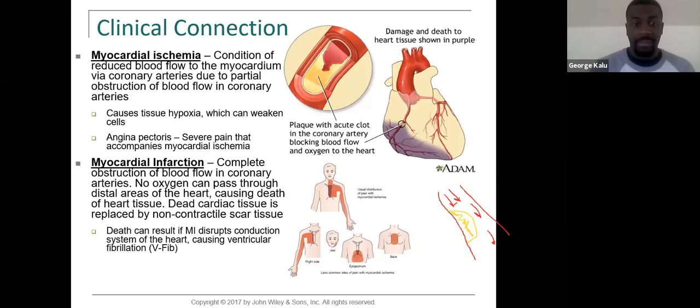Okay. So when the cardiac tissue dies here, you end up developing scar tissue that does not contract nearly as well. One of the major symptoms of myocardial infarction, or a heart attack, is that people will feel a lot of pain in their chest as well as going into their arms. People will feel like a crushing chest pain.